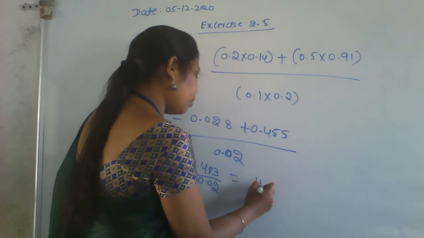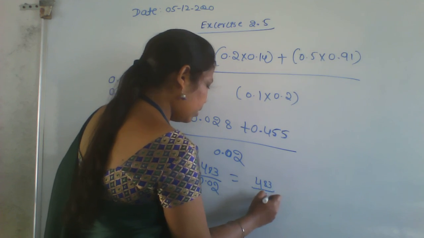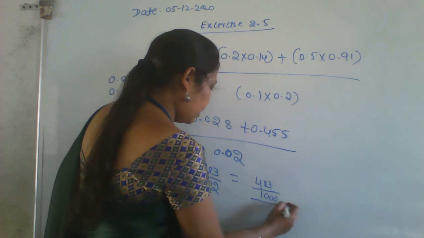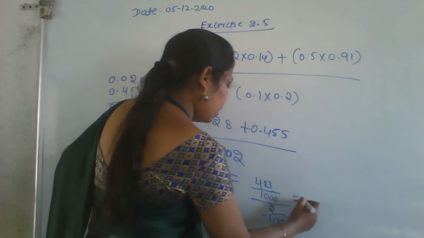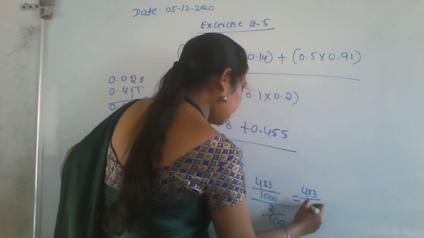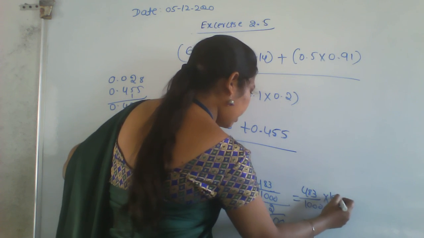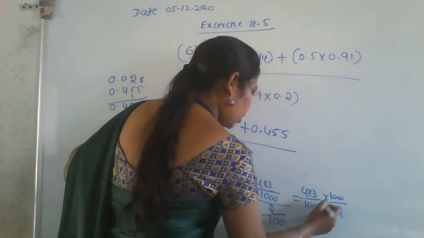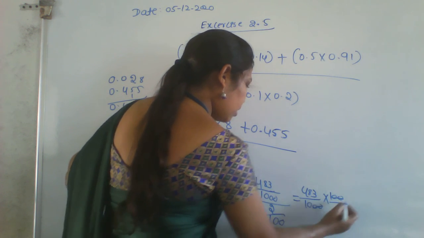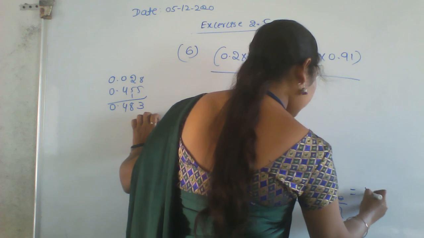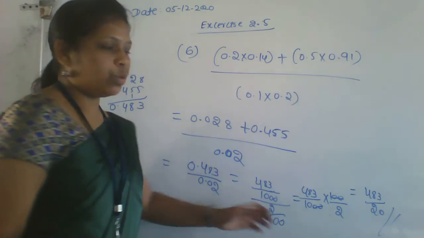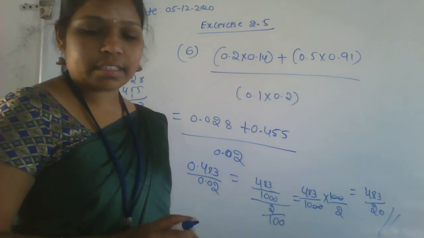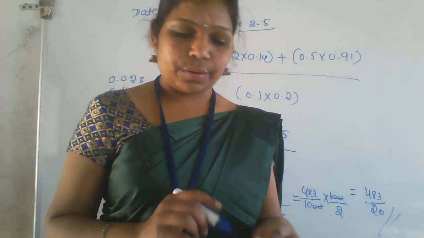That is nothing but 483 by 1000 divided by 2 by 100. Next 483 by 1000 into 100 divided by 2. 20 and 20 will cancel here. So answer is left with 483 divided by 20. Okay, so divide that number and write it in a decimal form. Okay, that is your duty.